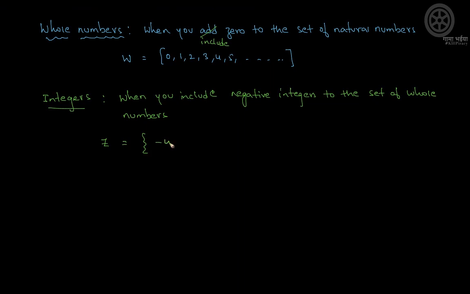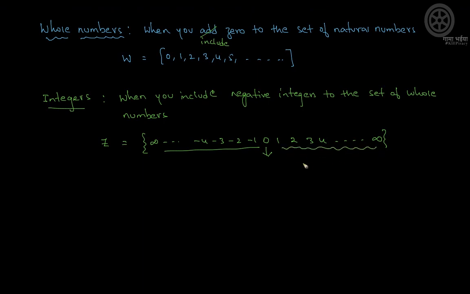From the left side it starts from infinity, so you will have infinite numbers: -4, -3, -2, -1, 0, 1, 2, 3, 4, and on this side infinity. This set of numbers is called the integers. These are the negative integers on the left-hand side, in the middle you have 0, and on the right-hand side you have the natural numbers.